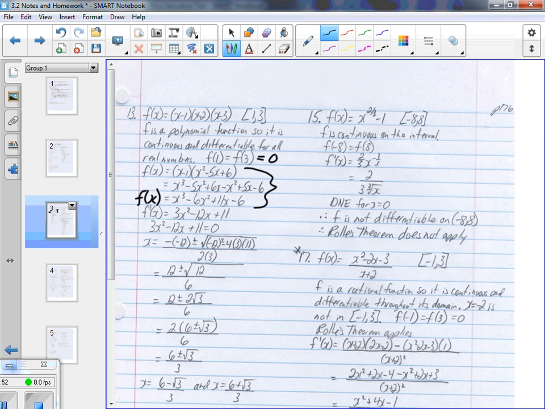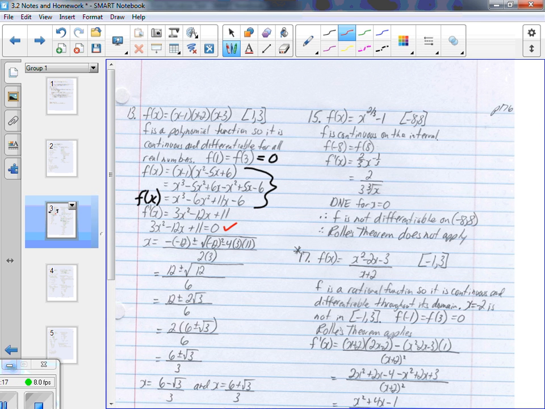Since this function meets all the conditions of Rolle's theorem, Rolle's theorem guarantees there's at least one x coordinate between 1 and 3 where the derivative equals 0. So we found the derivative, set it equal to 0, and let's see what we get.